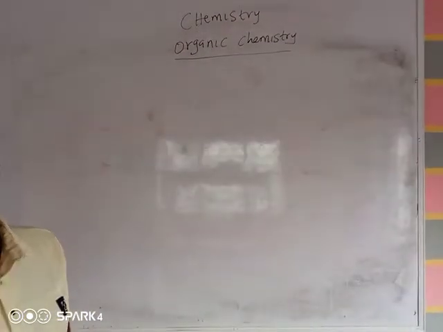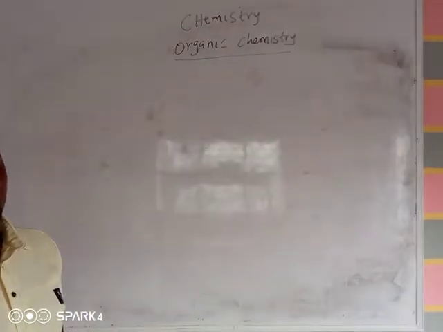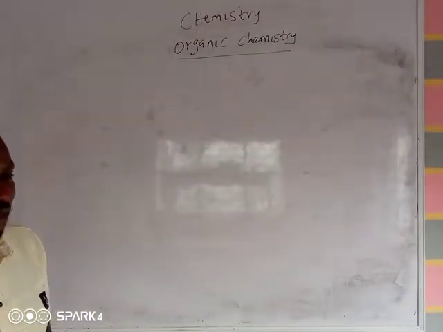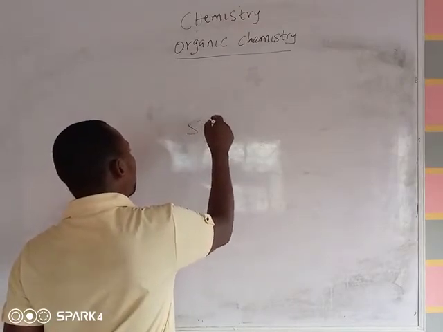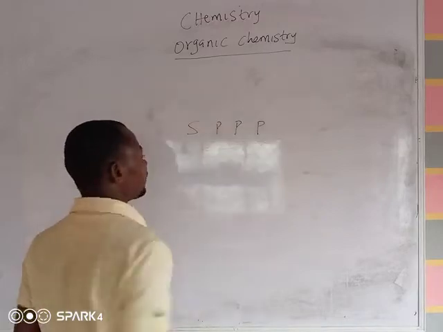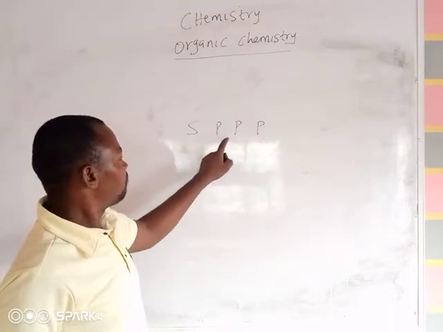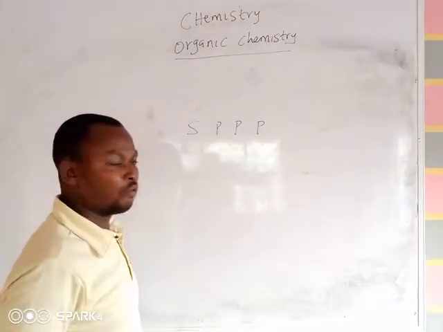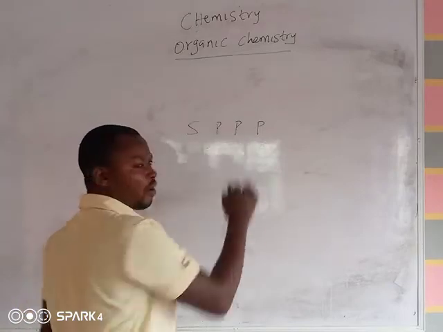I will call them percentage of characters. So now we are having S and we are having P, P, P. That is why we are having sp3.